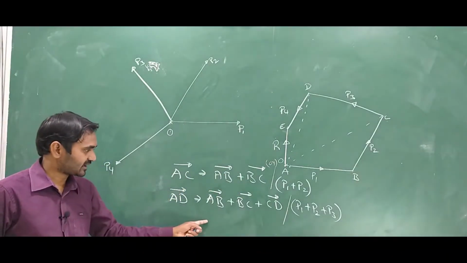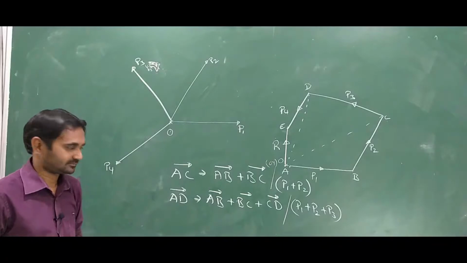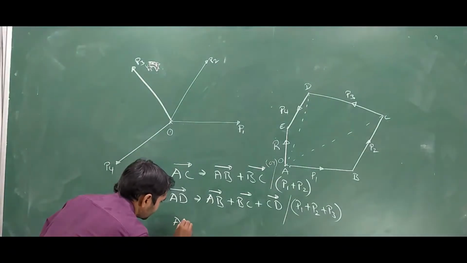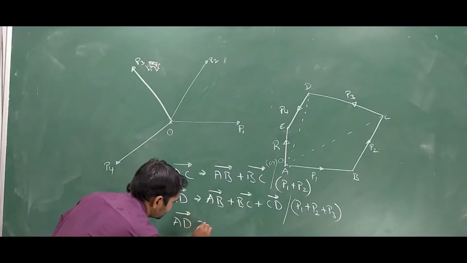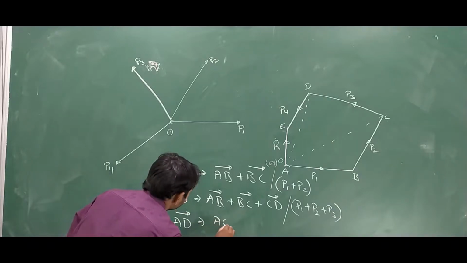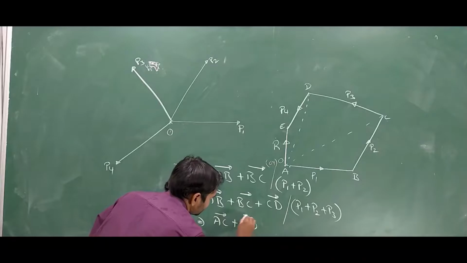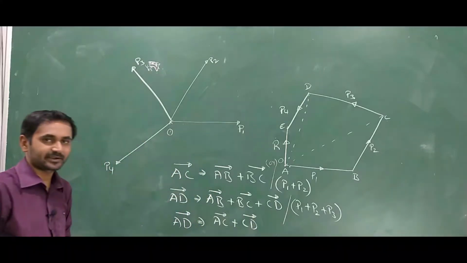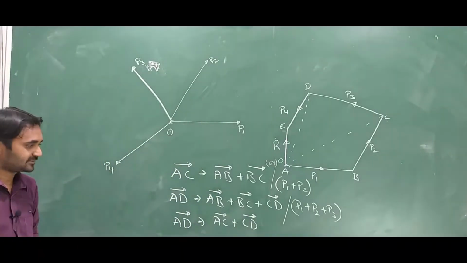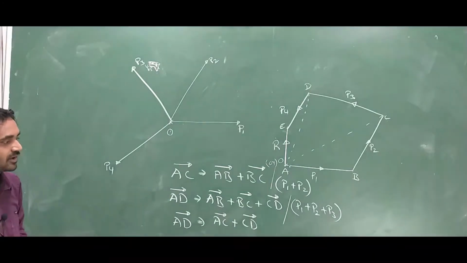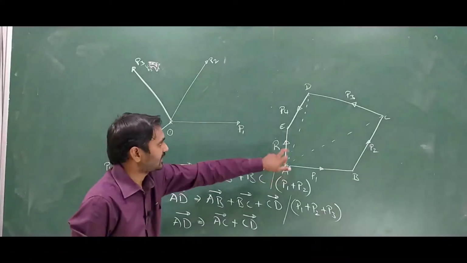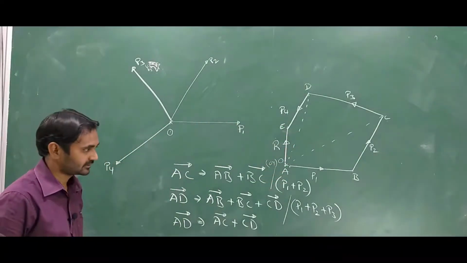So here I can draw AC plus CD directly. Therefore AD is equal to AC plus CD. Now let me find out AE.